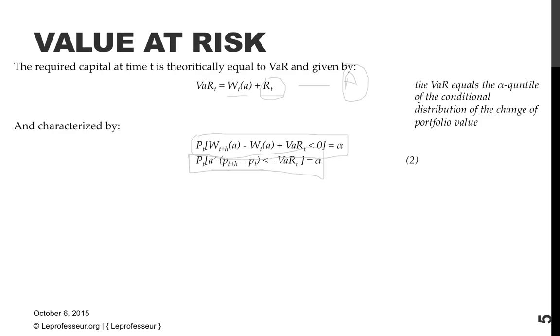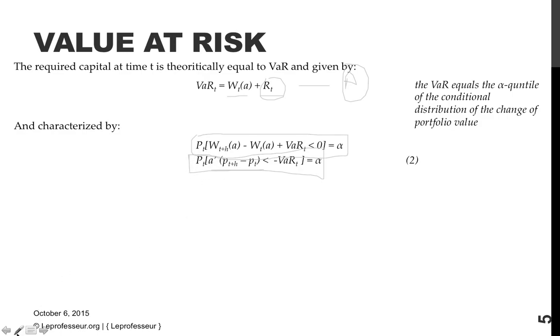That time is our time horizon, the next day or next week, whatever the value of H is, right? So that's the mathematical formulation of value at risk. The negative sign here simply says that it's a loss, right? We can lose that, but we characterize it by the probability distribution function.